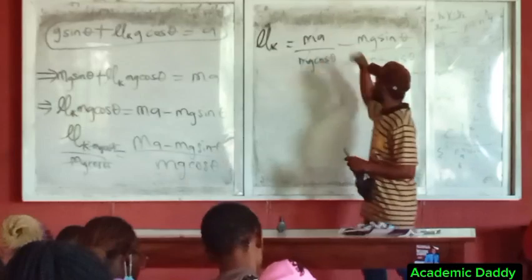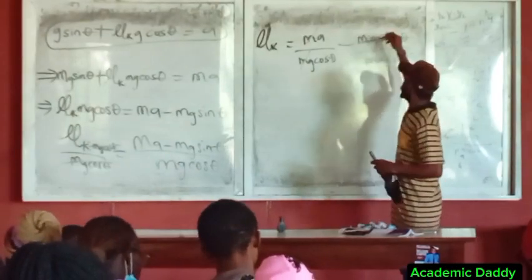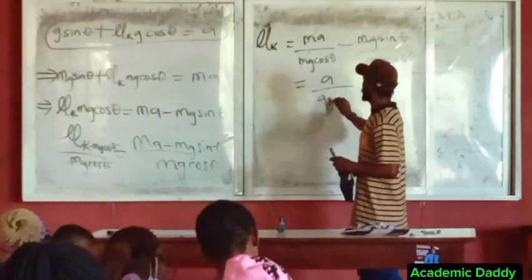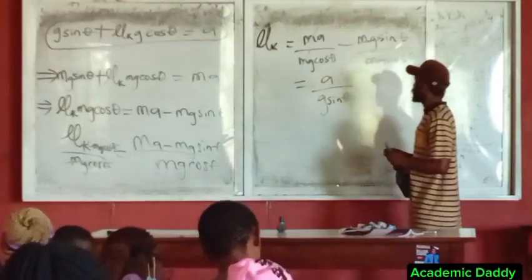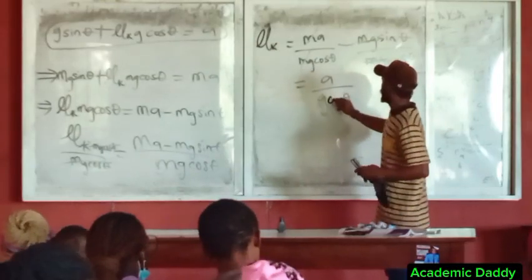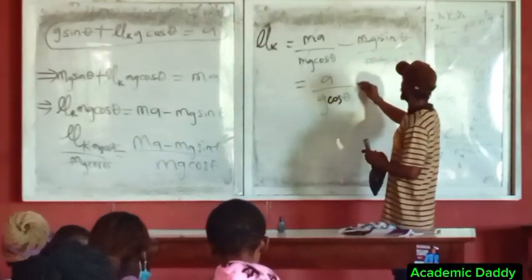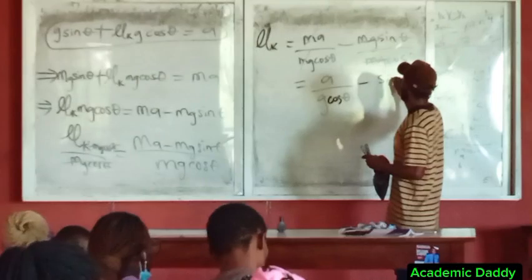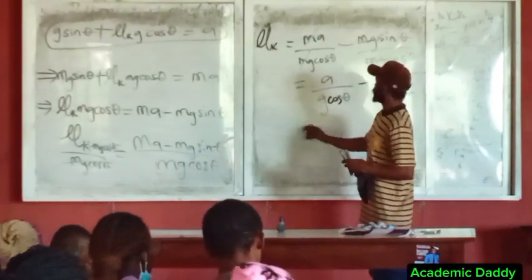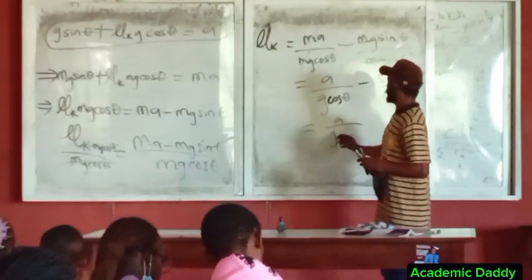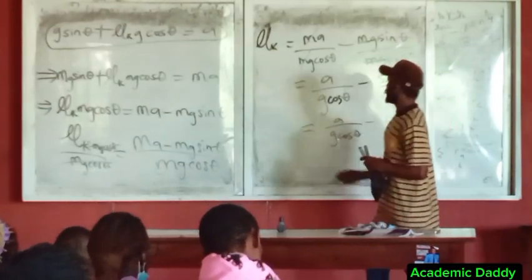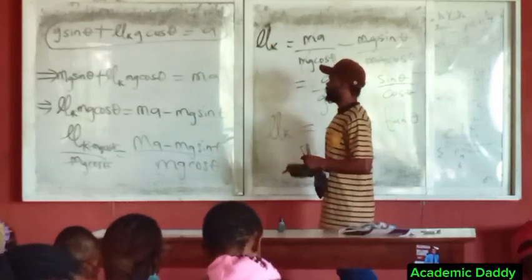This can take care of this, and this can take care of this. So I have a over g cos theta, minus sin theta over cos theta, which equals a over g cos theta minus tan theta. So this is my coefficient of kinetic friction.